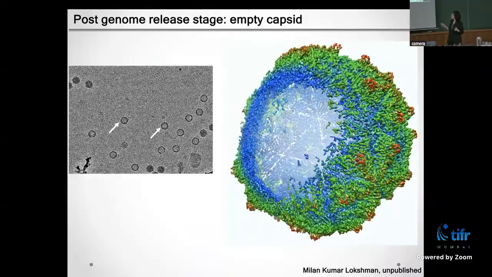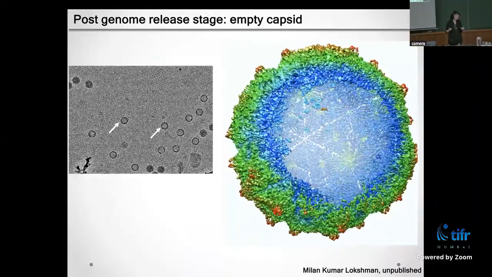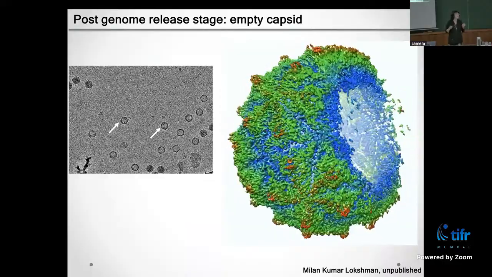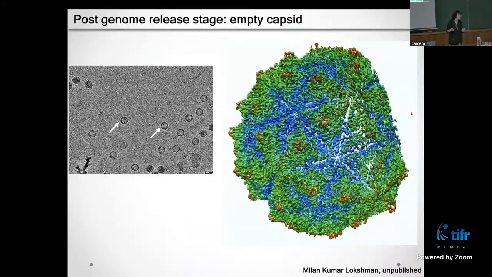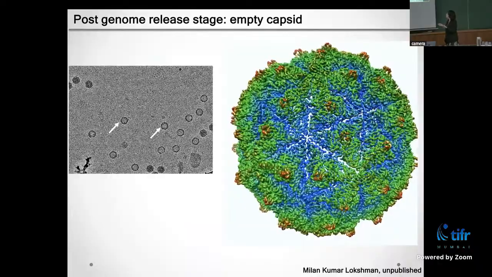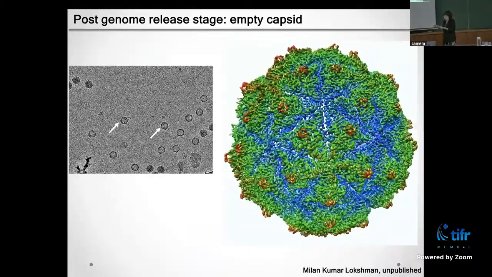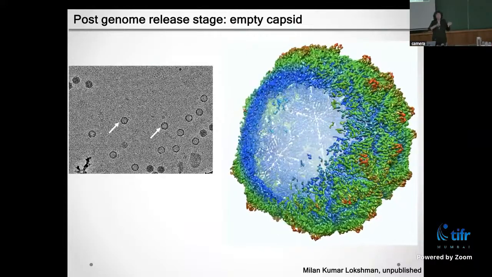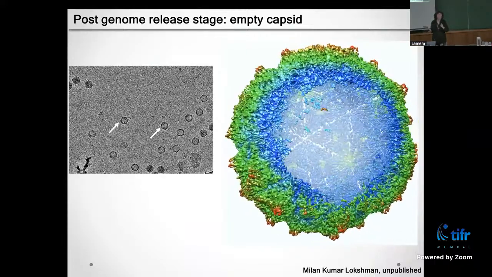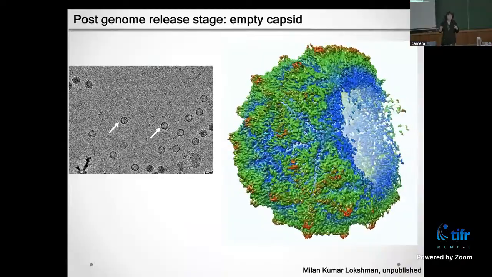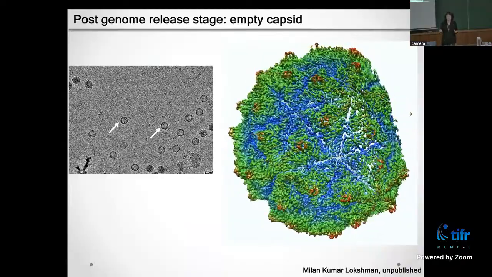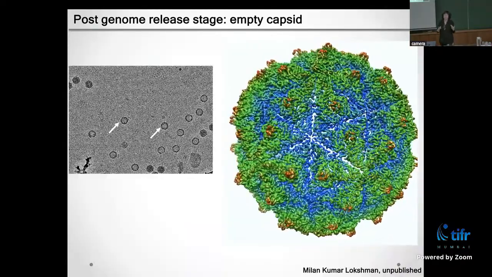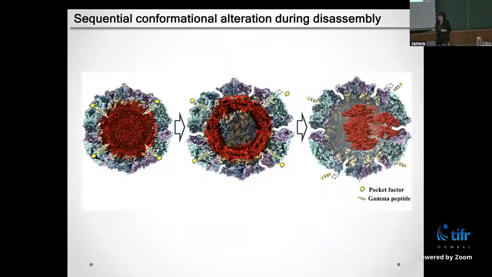So the idea was that you simply can't find empty particles of nodoviruses. But we clearly can, and we can reconstruct this. The point here is there must be many stages in between, which we cannot identify or separate out using cryo-EM, because we're dealing with a very heterogeneous mixture.